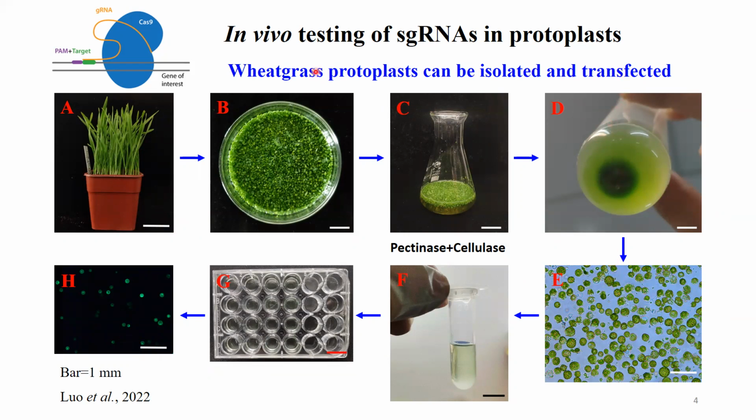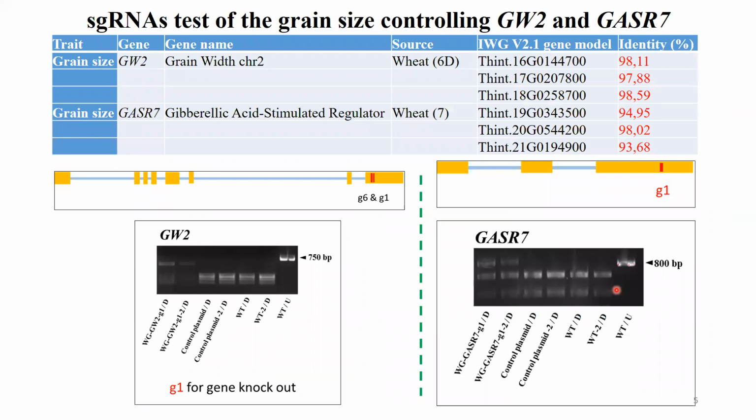After transfection with sgRNAs, if a mutation happens in the target genes of the protoplast cell, then we know this sgRNA works. Using this method, we have tested the efficiency of lots of sgRNAs in vivo. Here are 2 examples, GW2 and GASA7, using the nucleotide sequences of GW2 and GASA7 from common wheat.